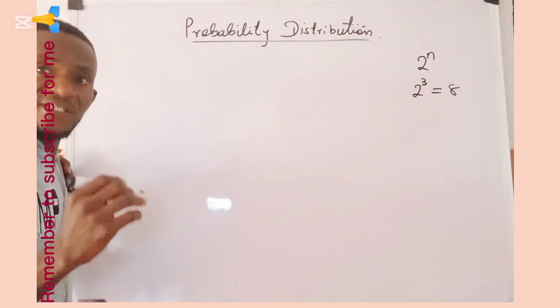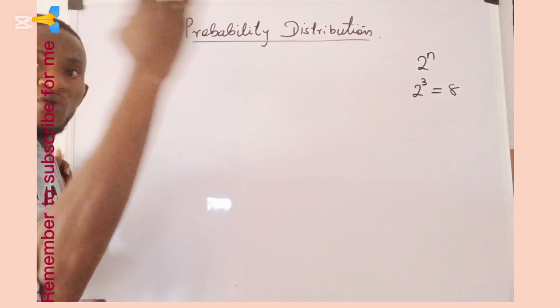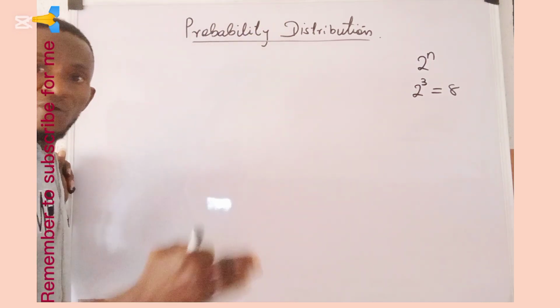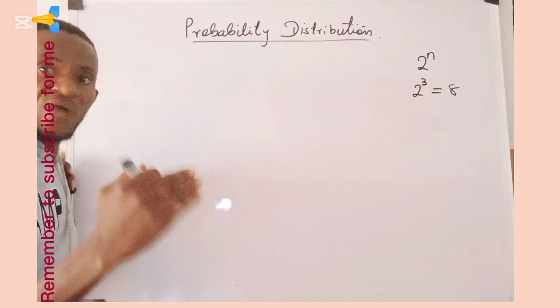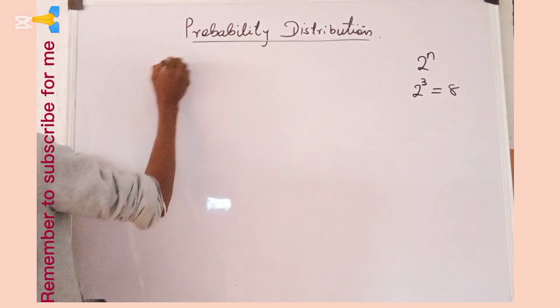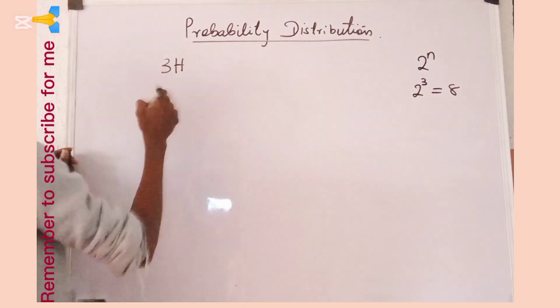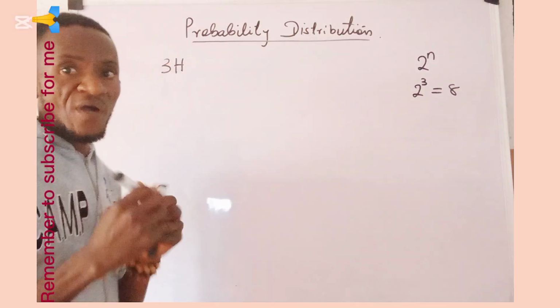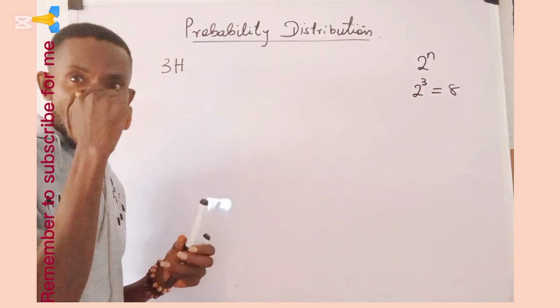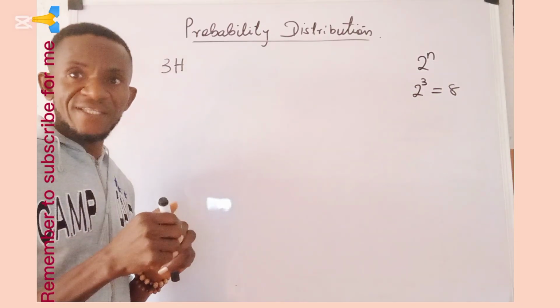Of course, you know that when you throw 3 coins up, it is possible that you are going to have heads across the board. So in that case, you are going to have 3 heads, and we are going to represent it with 3H, where H stands for head. It is also possible that when you throw it up now, you have 2 heads and a tail.